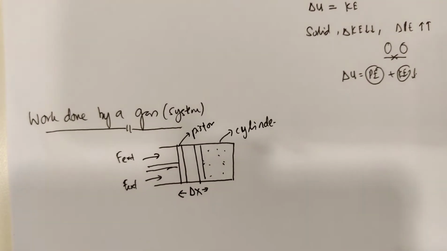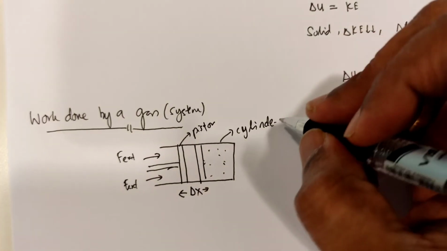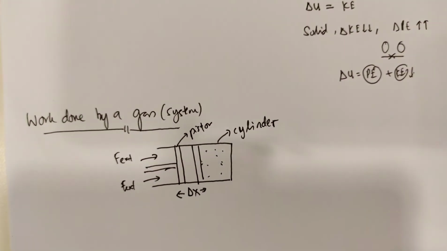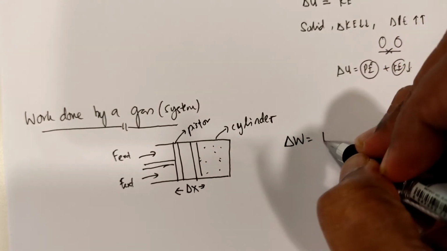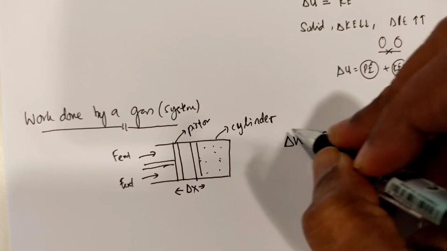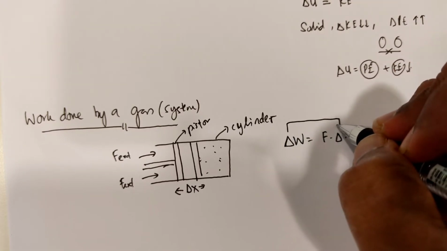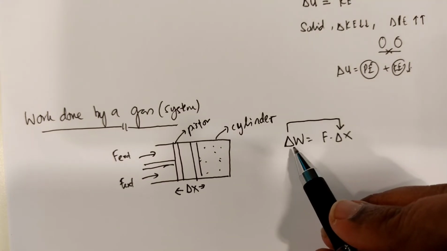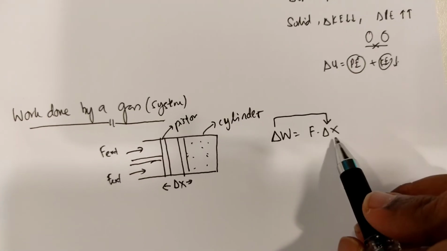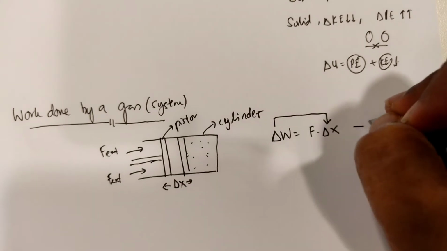That means this system, the gas, is undergoing a compression. So the work done, delta W equals F times delta x. Take note, the work arises because of the displacement, since work is defined as the product of force and its displacement. You only have work done if there is a displacement. This is equation 1.